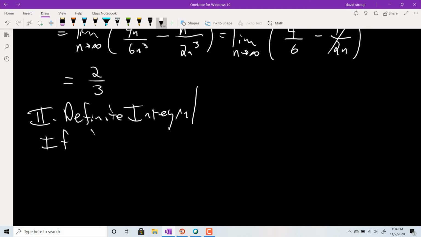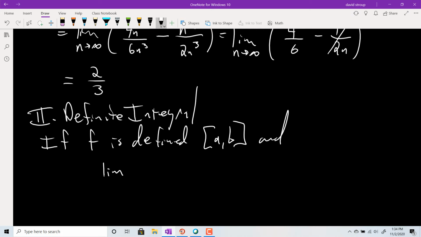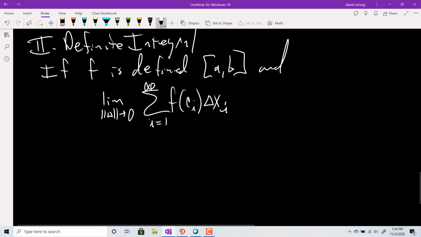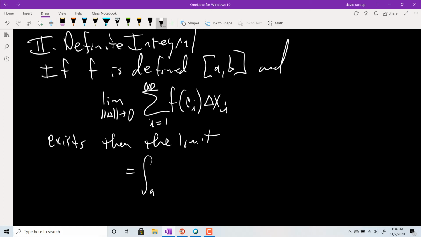Basically, if f is defined on an interval from a to b, and the limit as the norm goes to 0 of the Riemann sum exists, then that limit is going to be the definite integral, and it will be notated with this integral symbol again, f of x dx.